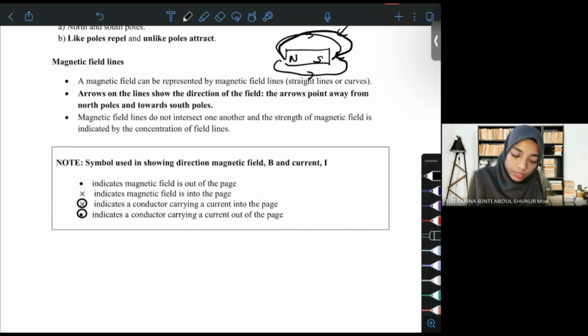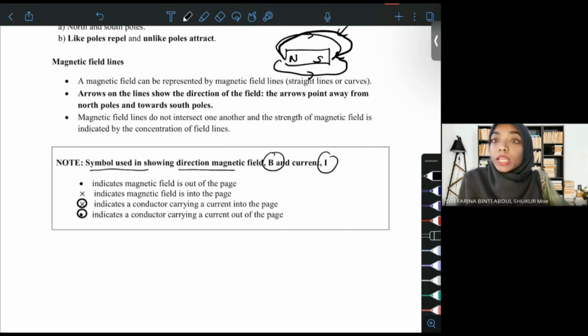Okay. Next, we're going to look at the symbol that we use to show the direction of magnetic field and also current. This symbol is applicable for both magnetic field B ataupun current I. Dua-dua ni boleh guna simbol yang sama ini, where the dot represent out of the page.